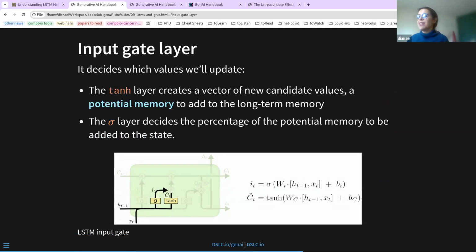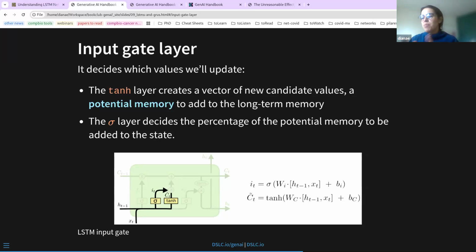Then we have the input gate layer. In the case of the input gate layer, its input is actually the input from that time step, and not the output from the previous one. This gate has the sigma function again, and it also has the tanh function. The tanh function helps us create a vector of new candidate values with the -1 to 1 range in the output.